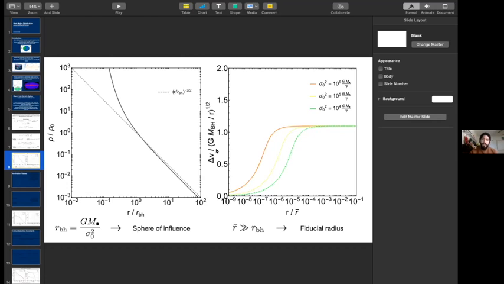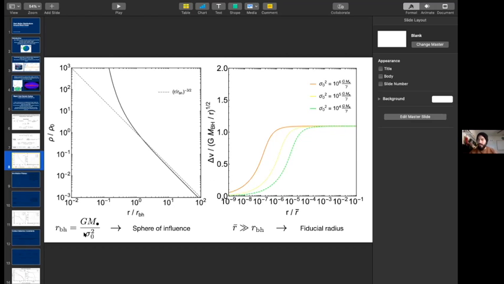And I have also the velocity dispersion plotted in sort of a funny way where it's normalized by the gravitational potential. And this is due to the fact that if I plot things this way, this sort of shape is true for any black hole mass. Otherwise, I'd have to put in a specific mass. But it's plotted over different 1D velocity dispersions, and the profiles look essentially the same. It just shifts either left or right.